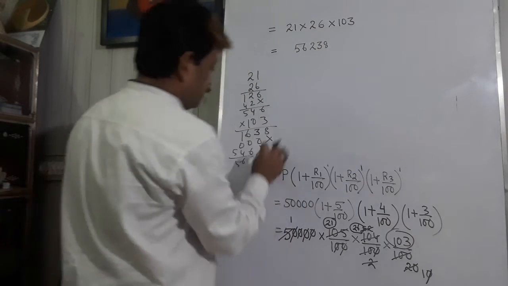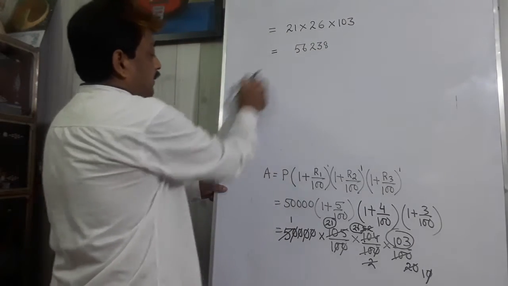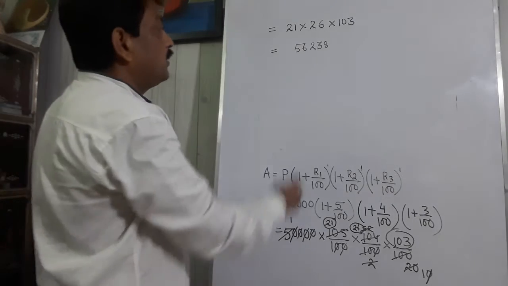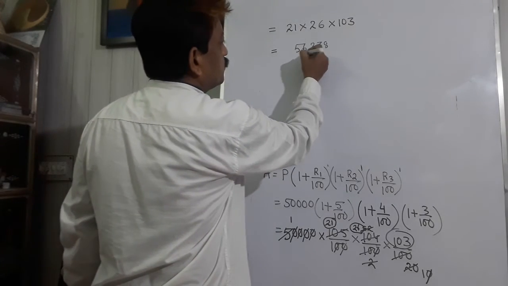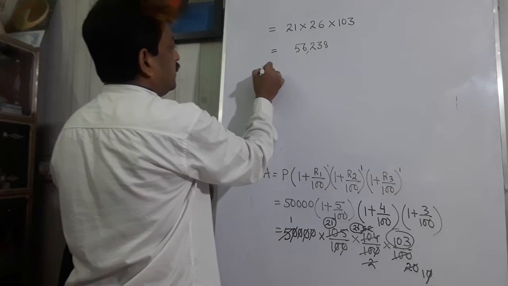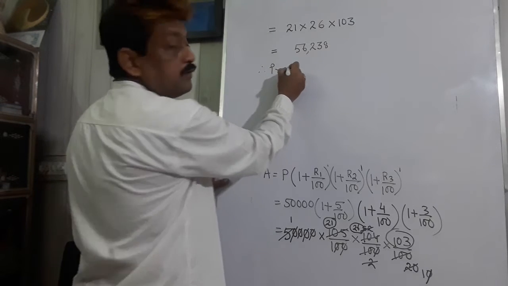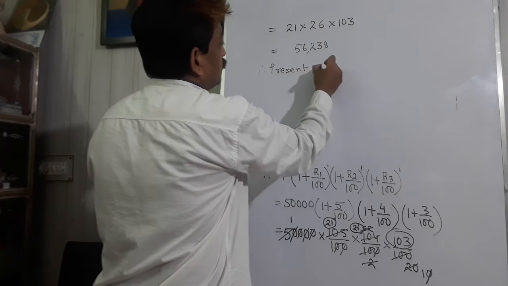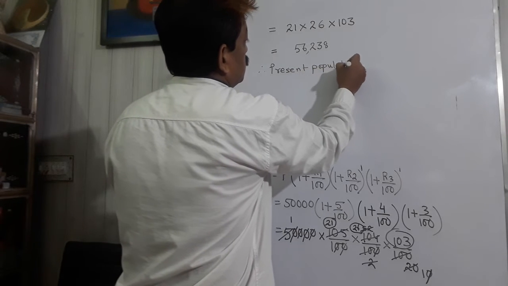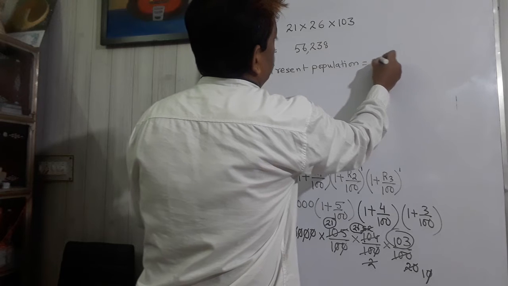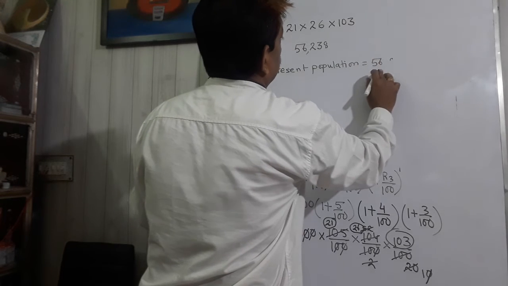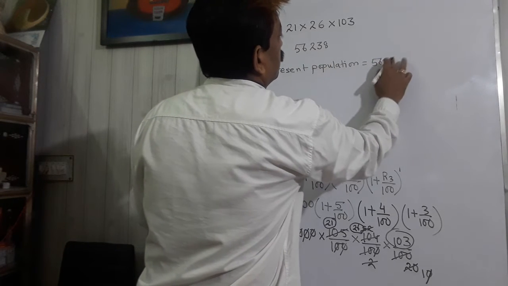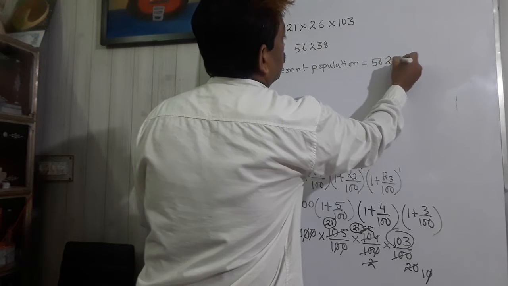That is the population after 3 years, that is the present population is 56,238. So present population equals 56,238.